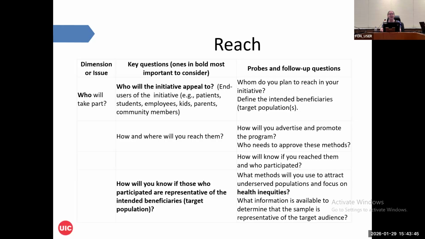How will you advertise and promote the program? Who needs to approve these methods? How will you know if you reach them and who participated? What methods will you use to attract underserved populations and focus on health inequities? And what information is available to determine that the sample is representative? So that's reach.